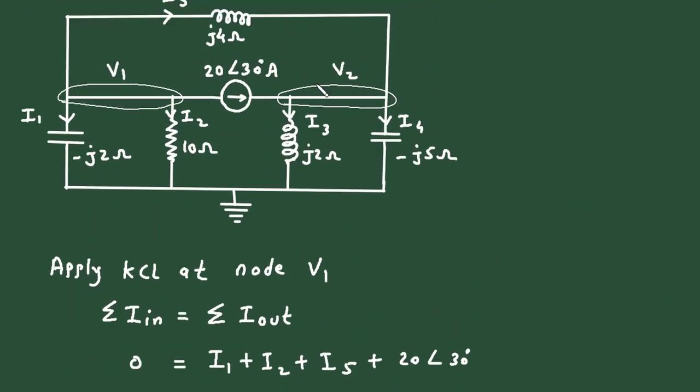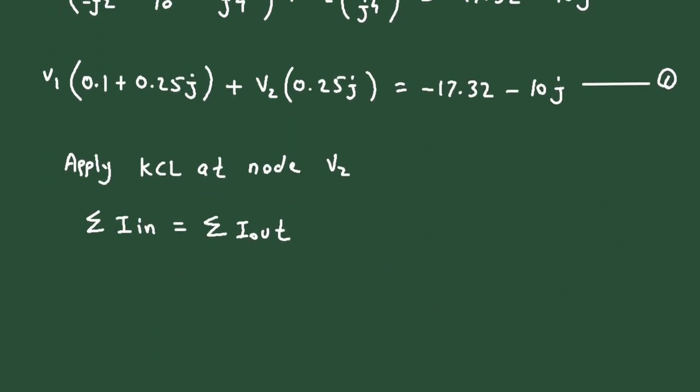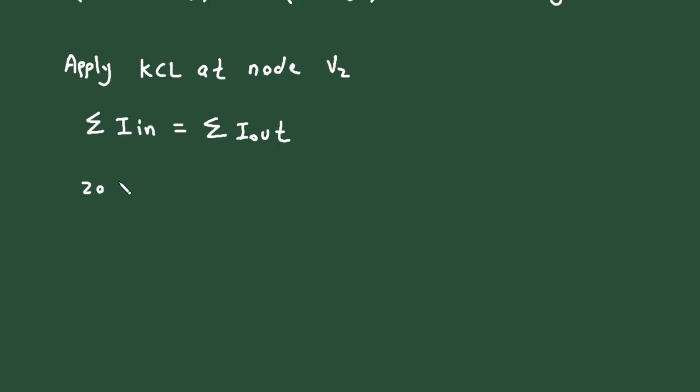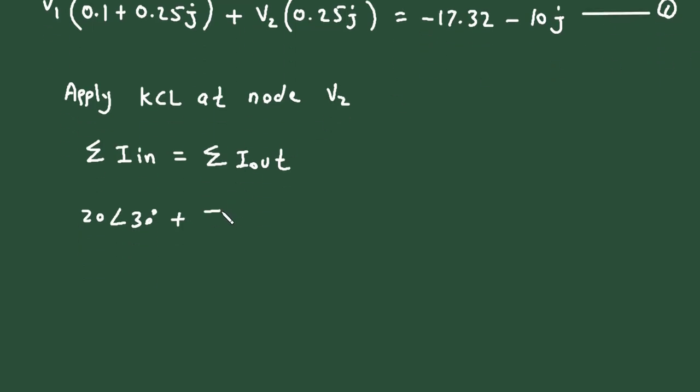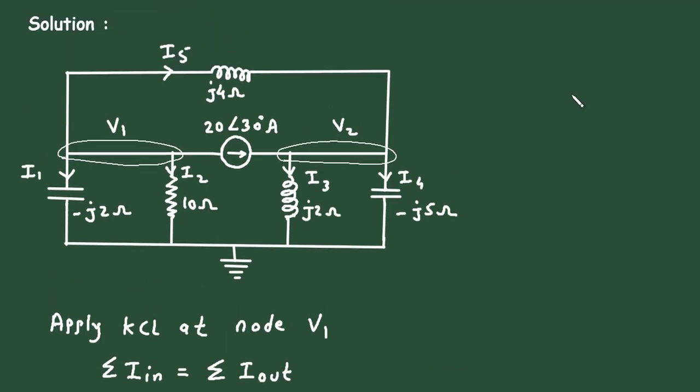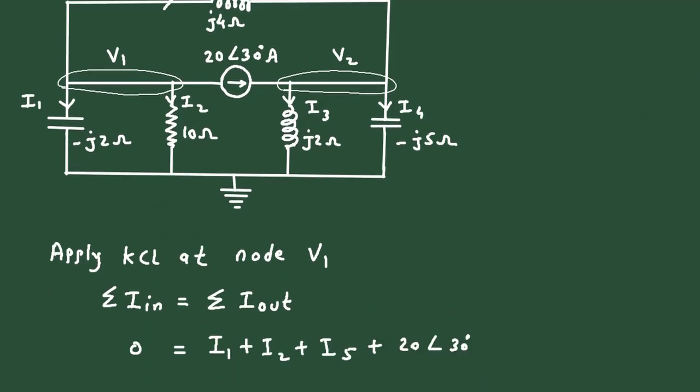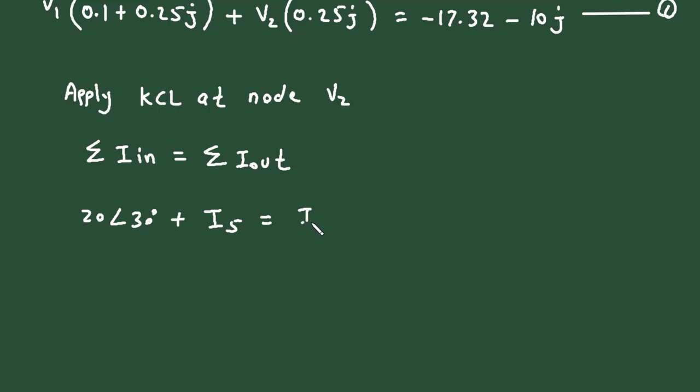At node 2, the entering current is 20 at an angle 30 degree, then plus this I5 is also entering. So 20 at an angle 30 degree plus I5 is equal to, now leaving currents are I3 and I4, so I3 plus I4.